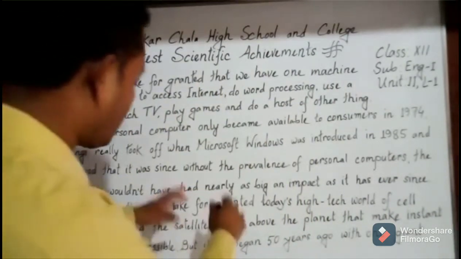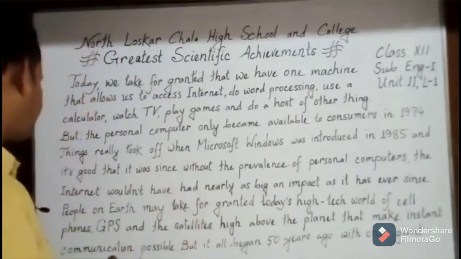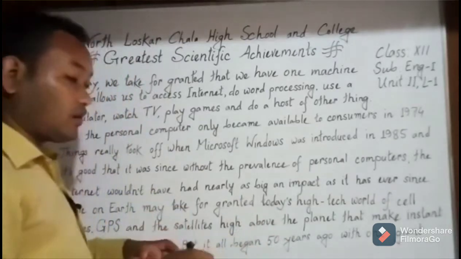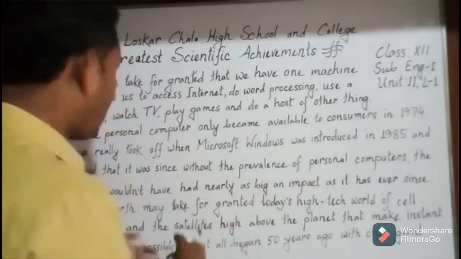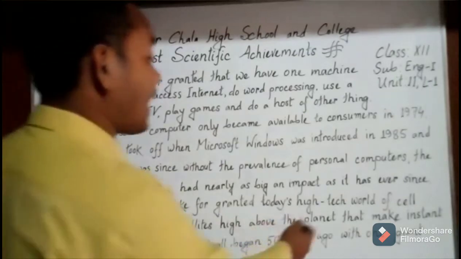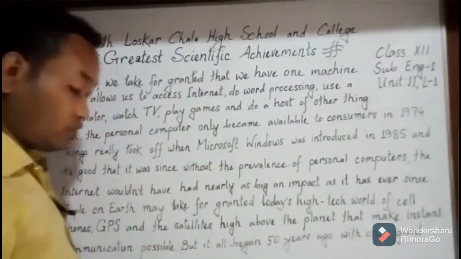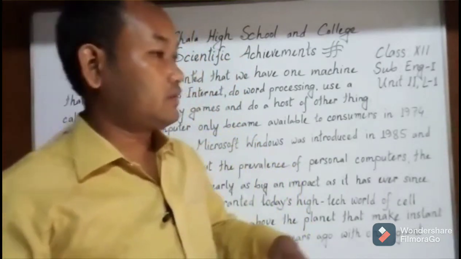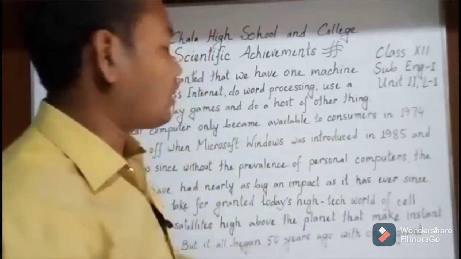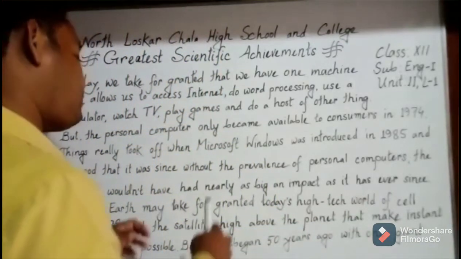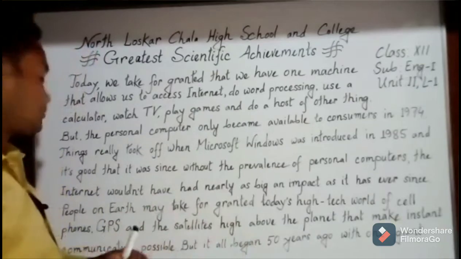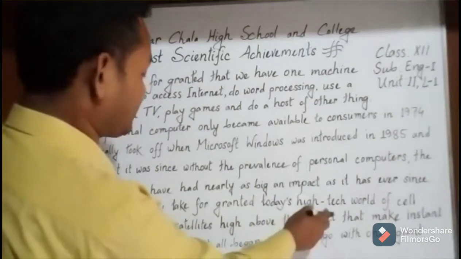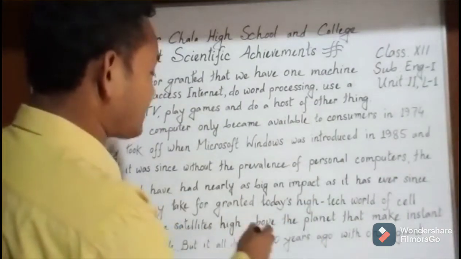Dear students, this is part of satellite. People on earth may take for granted, that means on the earth, people may consider today's high-tech world of cell phones. We always use cell phones. Nobody can think of not using a cell phone, because every person uses a cell phone, GPS, and the satellites high above the planet.